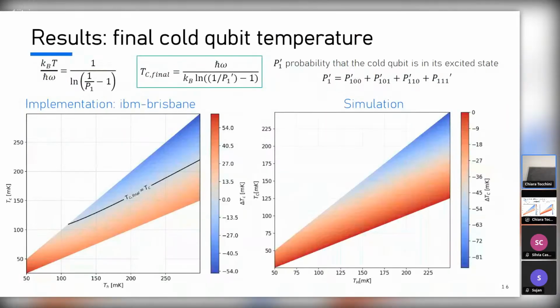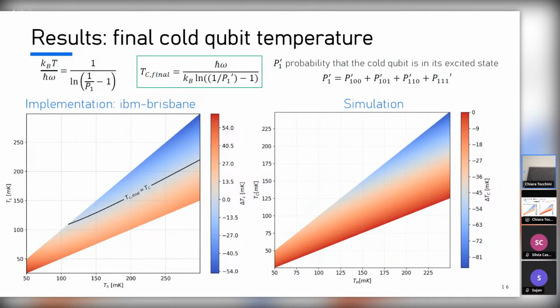Then from the relation between the temperature and the population of the excited state, we find the final temperature of the cold subsystem. And we plot here with respect to the temperature, the implementation on the IBM Brisbane and the simulation with an ideal quantum simulator.